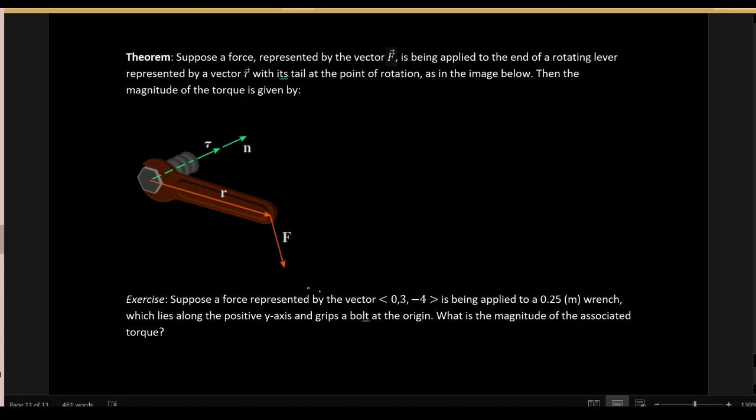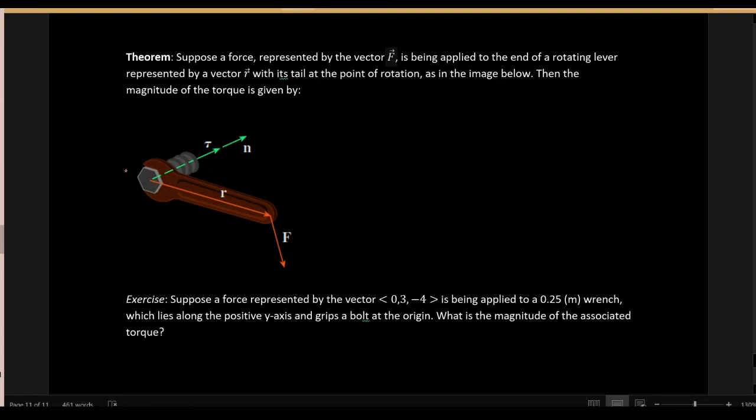It's an official picture of this situation in the case of having a wrench, where the point of rotation is some screw or bolt that you are screwing into place. We have a force vector F, which is being applied to the end of a rotating lever, represented by a vector R, whose tail is at the point of rotation.